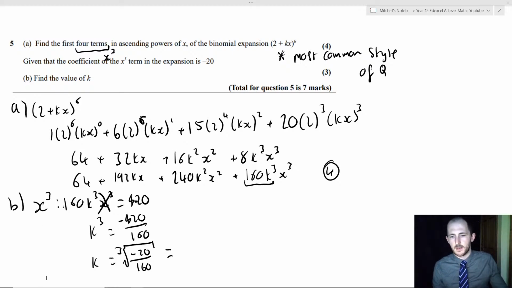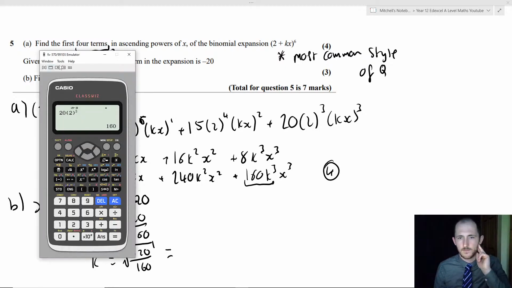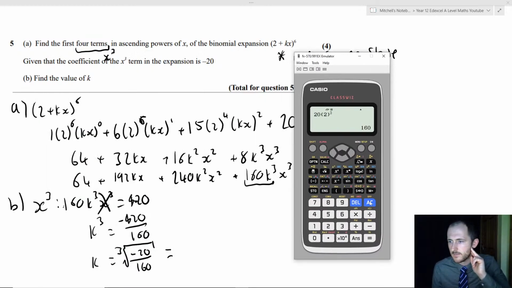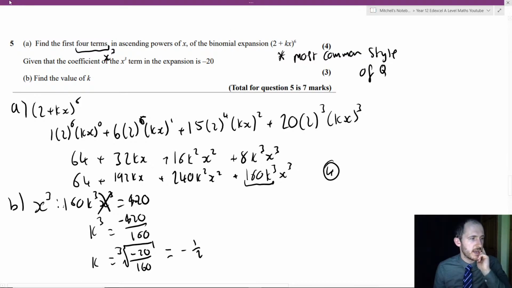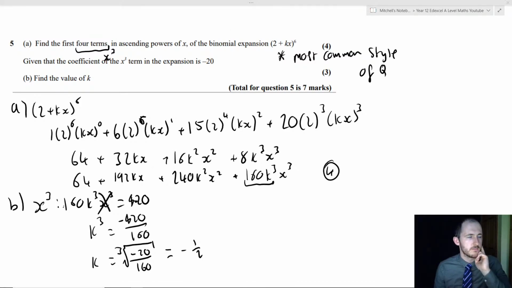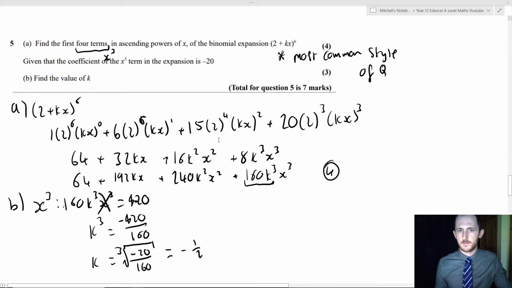Okay, so again, we can get -1/2. That's our answer. Not too shabby at all. Give me a second just to have a think about that, make sure it's okay.